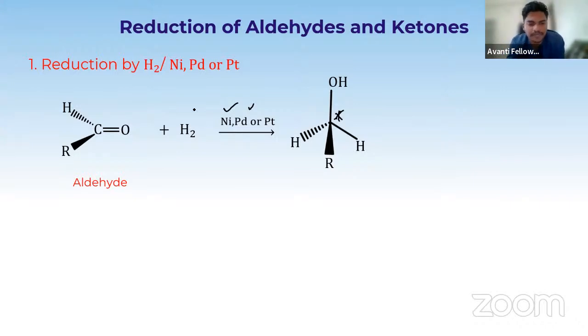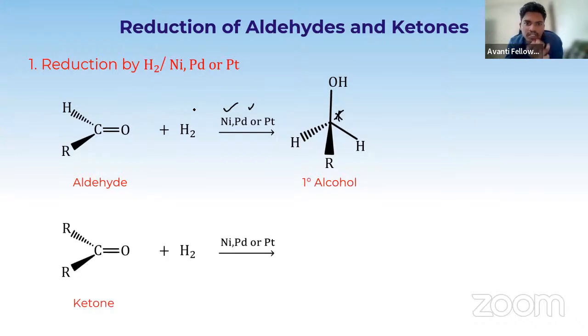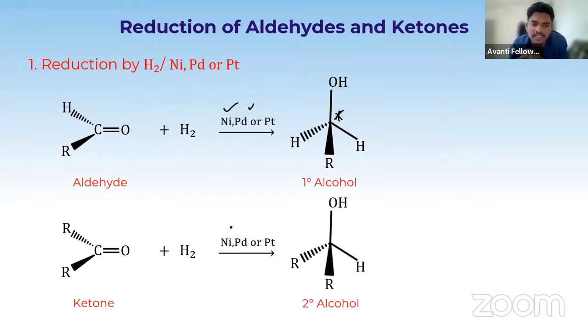Next, if you use a keto group, I already told you, an aldehyde with a reducing agent gets a primary alcohol, and a ketone will always give a secondary alcohol. Why are nickel, palladium and platinum catalysts used? They act as a surface to increase the rate of the reaction. So ketone gives secondary alcohol and aldehyde gives primary alcohol.